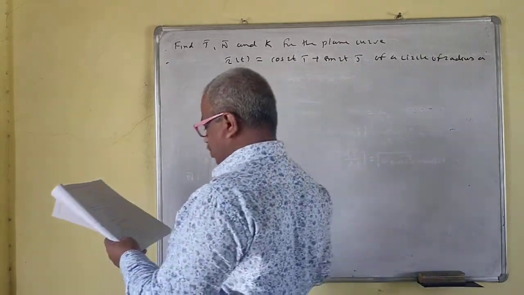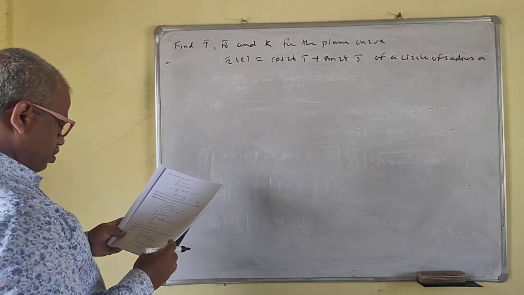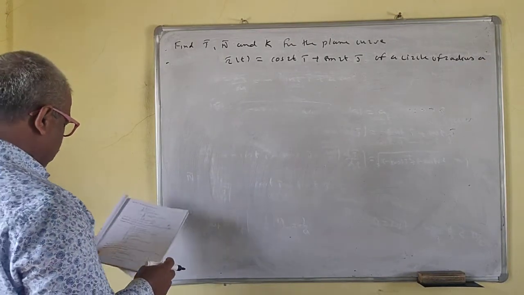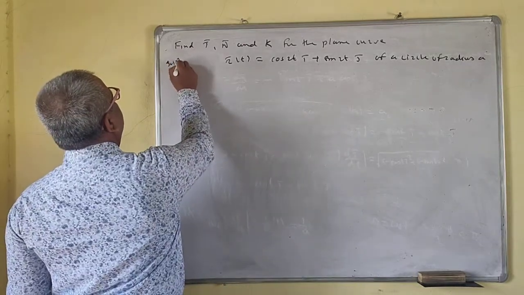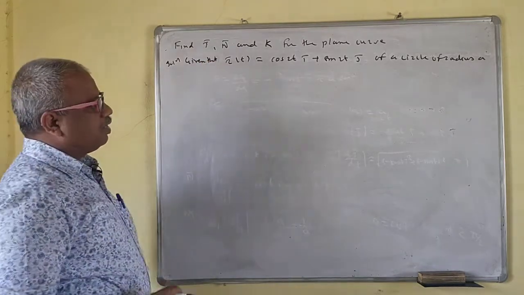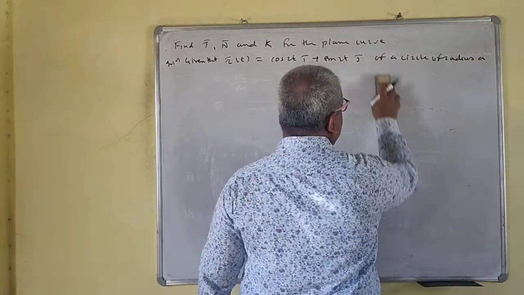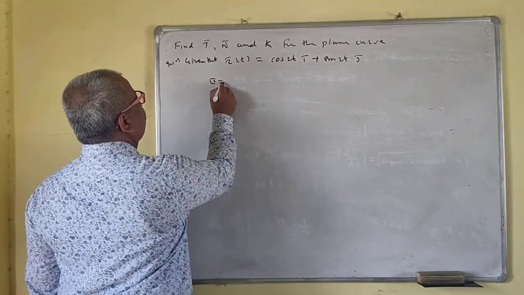Your radius is a. Okay, no problem. Radius a is okay. So solution: given that r bar of t is equal to this. Okay, we'll erase that.